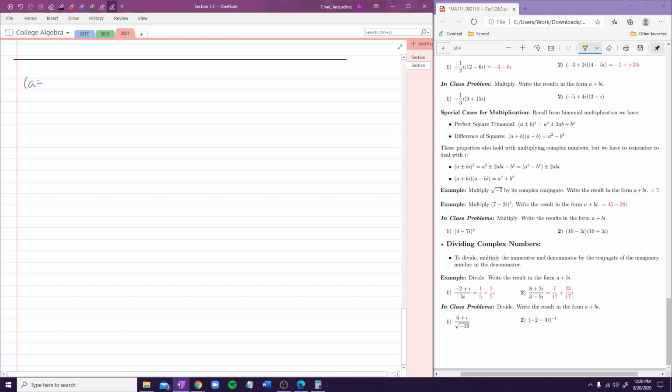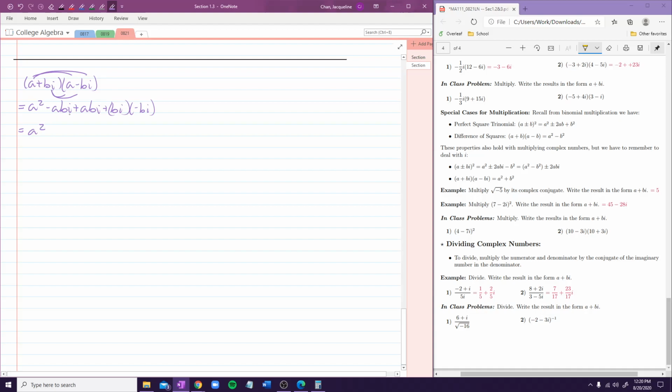So I have a plus bi, and I have a minus bi. Right, so let's FOIL. So I have a times a, which is a squared, a times negative bi, which is negative abi. We have bi times a, which we can just say plus abi, and then bi times a negative bi. So I'm just going to put plus bi times negative bi.